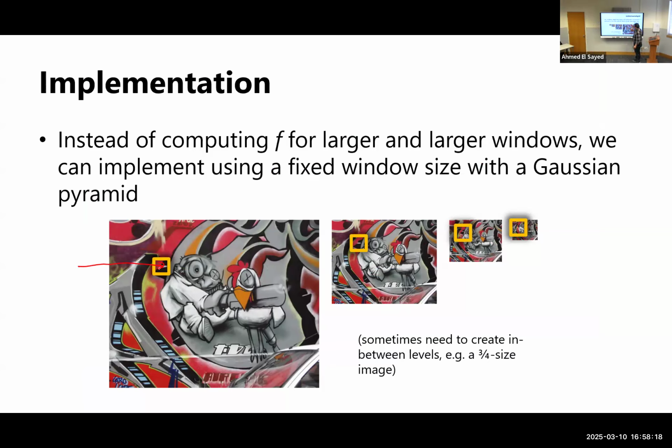Based on that, I will write the scale against the window. So this is at scale 1, this is at scale 3/4, this is at scale 3/4 times 3/4, which is 9/16, and so on. Okay, so I'm going down with the scale and keeping the window fixed in all of them.